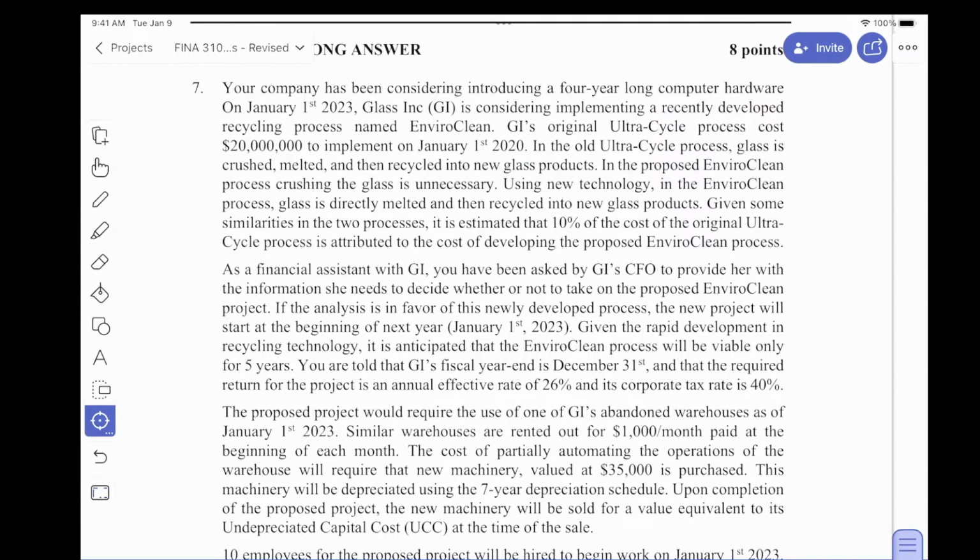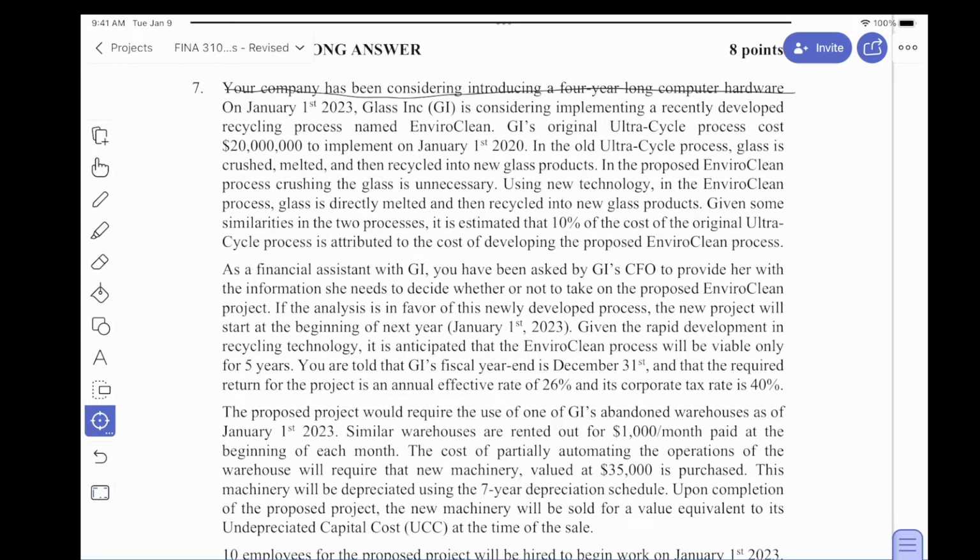This is a typo. I don't know. Sorry about that. I should clean that up. EnviroClean. Glass Inc. GI's original UltraCycle process cost $20 million to implement on January 1st, 2020. In the old UltraCycle process, glass is crushed, melted, and then recycled into new glass products.